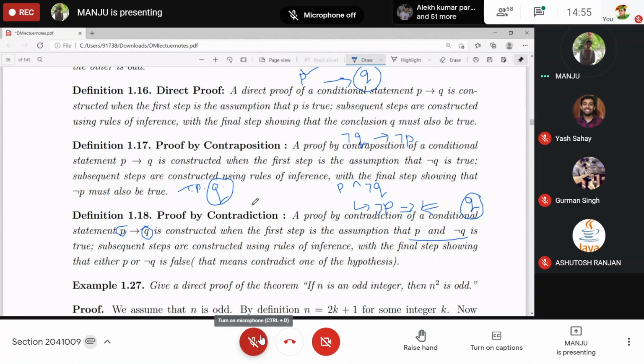In contradiction, actually, contraposition is a part of contradiction only, if you don't assume P here. In contraposition, you just assume negation of Q and you prove negation of P. But in contradiction, you assume negation of Q as well as P, then you try to prove negation of P.